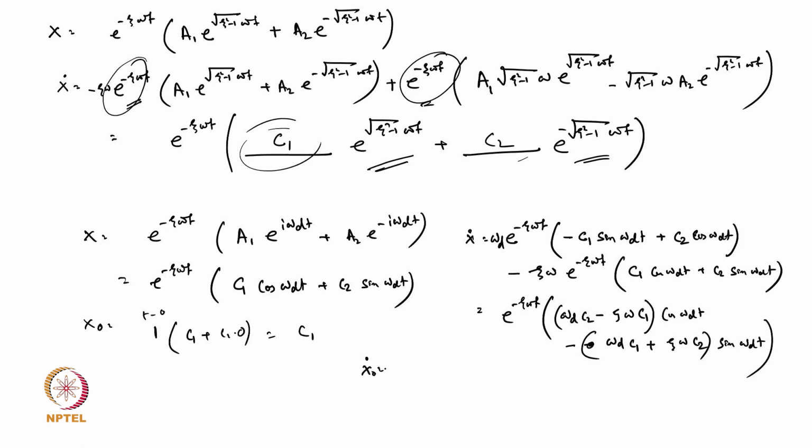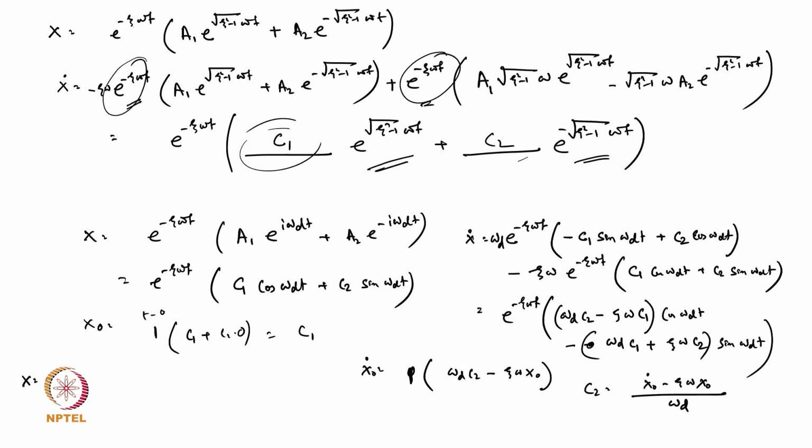And for x0 dot, the cos portion will remain, so this will be C2 omega d minus xi omega x0, another portion will be 0. So now C2 will be x0 dot minus xi omega x0 divided by omega d. That will be your C2.